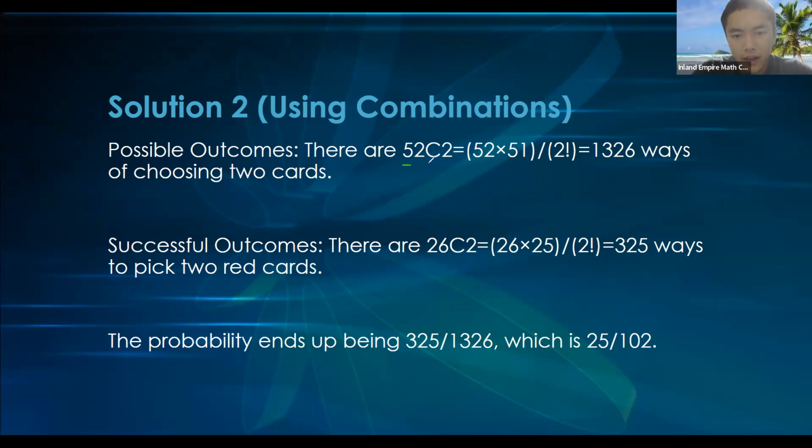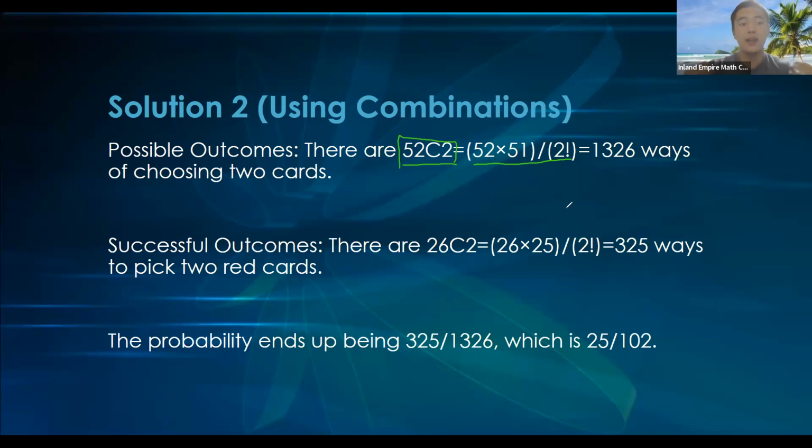Back 2 classes ago, we used committees to talk about combinations. So you can think of this expression as the number of ways to choose 2 volunteers from 52 students, and the order in which you choose them does not matter. So we calculate combinations like this.